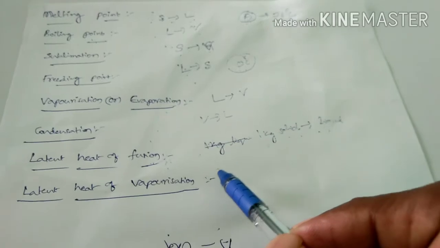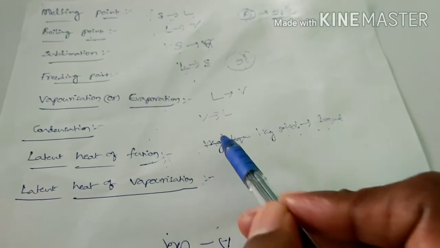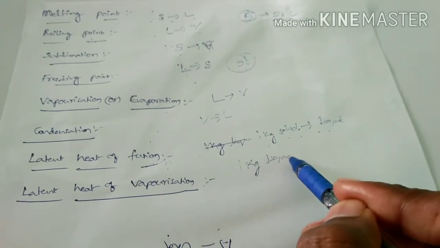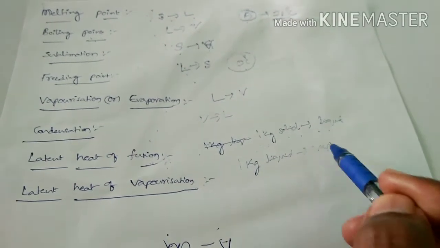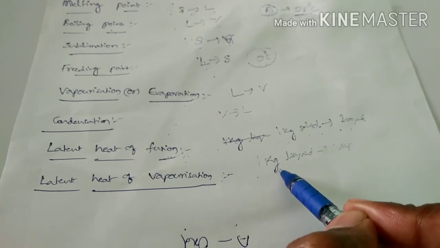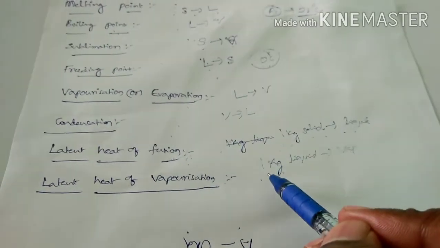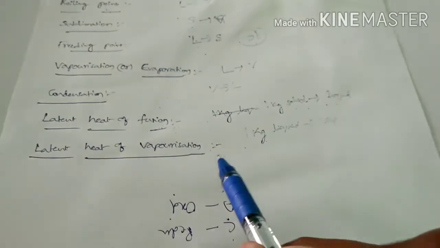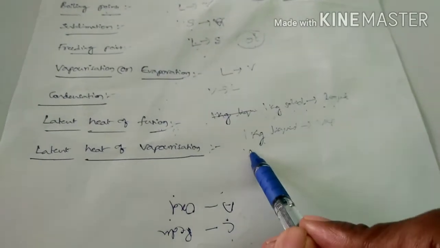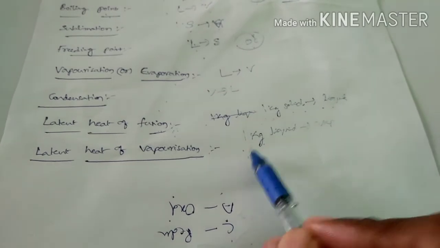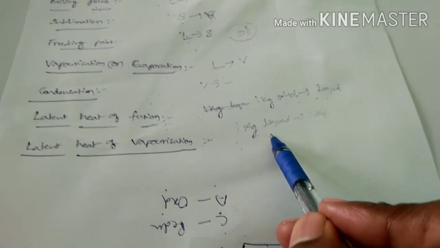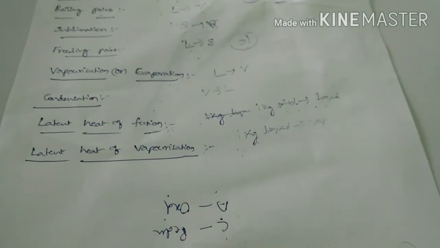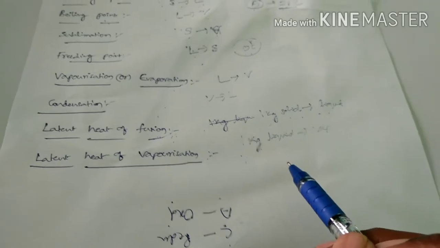So here the definition for latent heat of vaporization is just like this one. 1 kg liquid is converted into vapor. That means it needs some heat. That required heat is called latent heat of vaporization. So the definition here is the amount of heat required to convert 1 kg of liquid into vapor is called latent heat of vaporization.